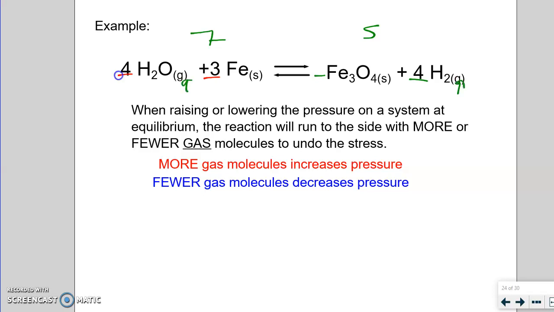That's a gas molecule. These are not gas molecules. We should not be counting those coefficients. We should only be counting that coefficient on the right and that coefficient on the left. So it's a tie. This reaction is not going to run either way in response to a stress of pressure, because both sides, product and reactant, have the same number of gas molecules.